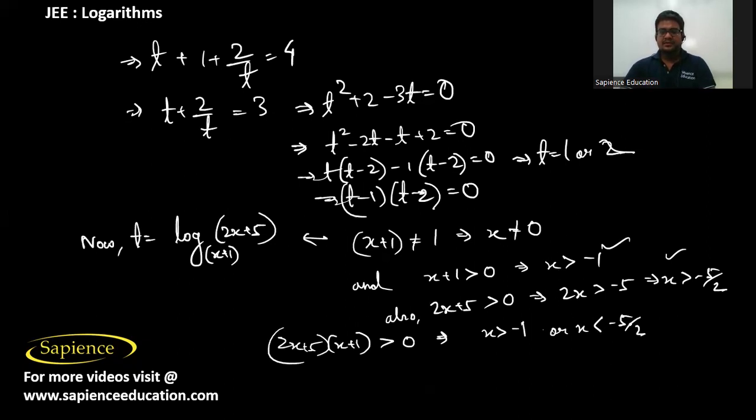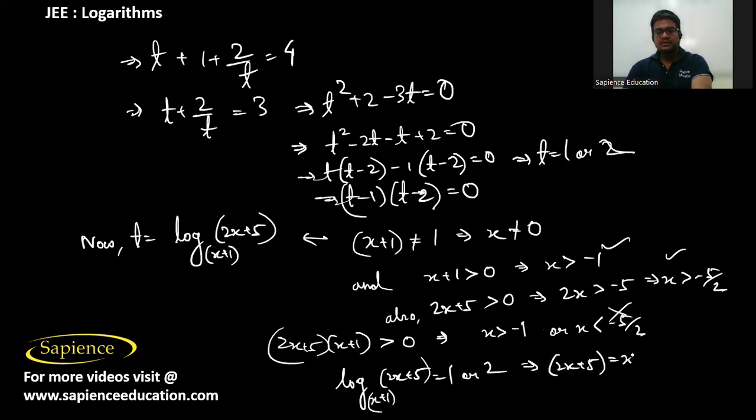But x should not be less than minus 5 by 2, so it should be more than minus 1. So now this should be either equal to 1 or 2. So therefore, log of 2x plus 5 base x plus 1 can be equal to 1 or it can be 2. So it means 2x plus 5 can be equal to x plus 1, or 2x plus 5 can be equal to x plus 1 whole square.